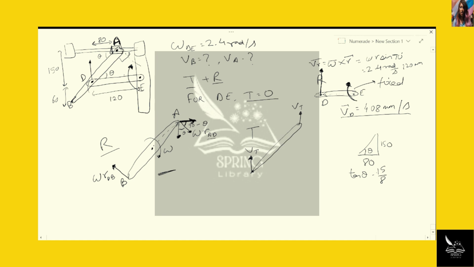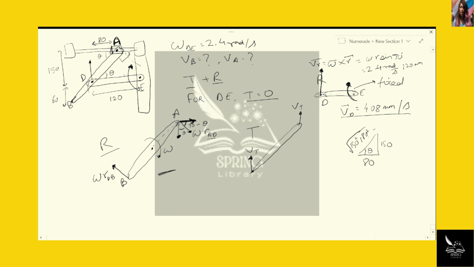So you can draw a similar triangle with just 15 and 8. And then you also know the hypotenuse. So actually, rather than writing tan theta in the first place, let's just calculate the hypotenuse here and write sine and cosine theta. So by Pythagoras theorem, this is going to be the square root of 150 squared plus 80 squared.